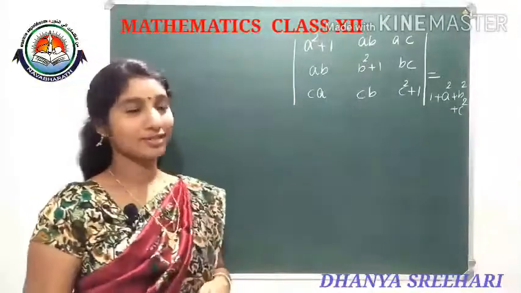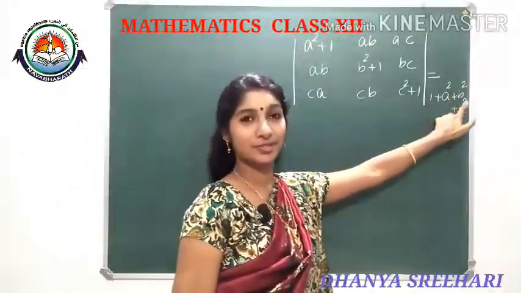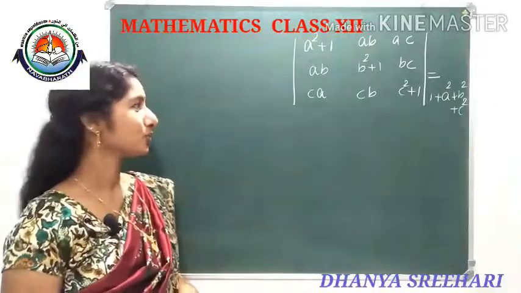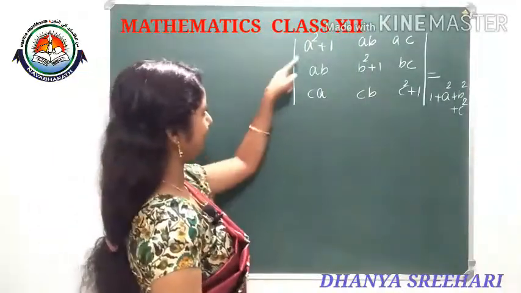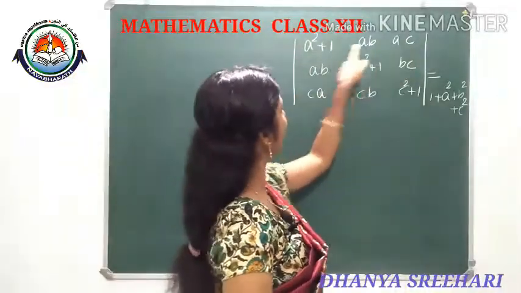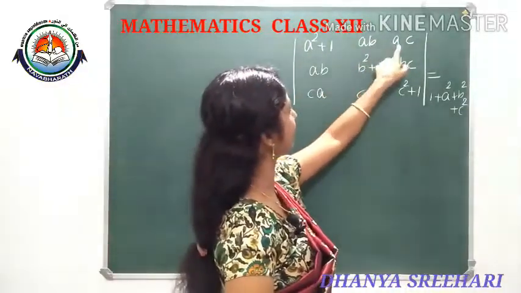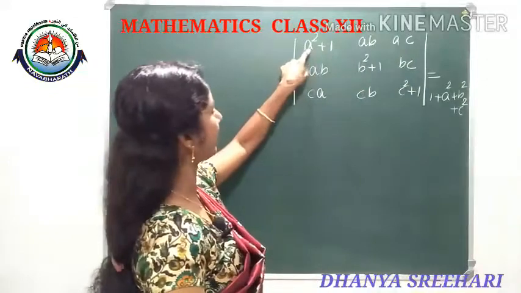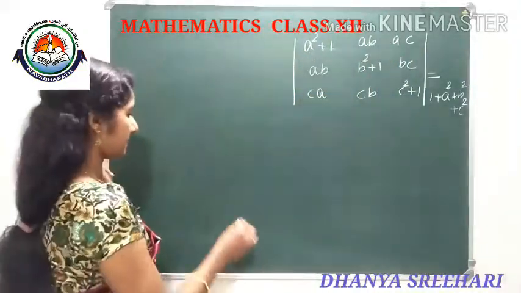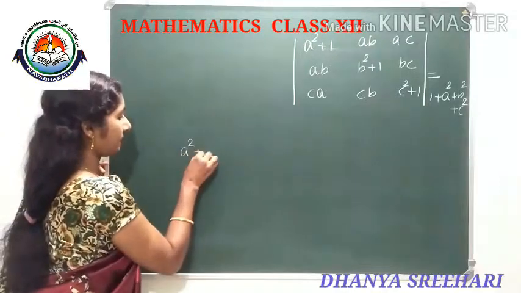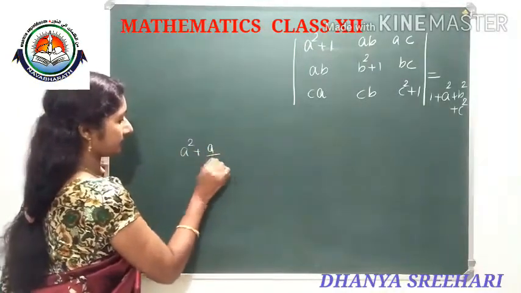One determinant value is equal to 1 plus a square plus b square plus c square. We need to prove this one. So we can start. See, from the first row a is here, so we can take a from the first row. This is a square plus 1. See, a square plus 1 we can write as a by a.